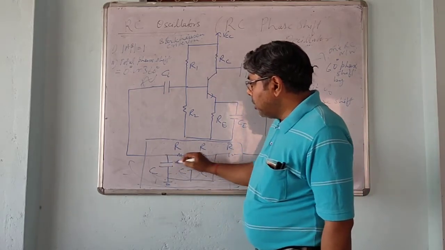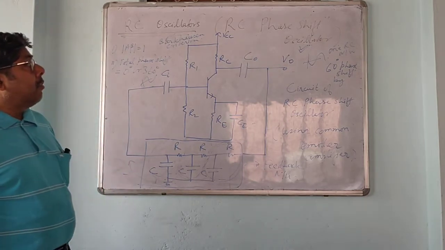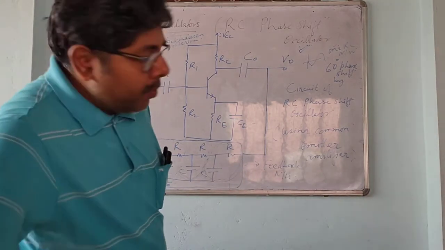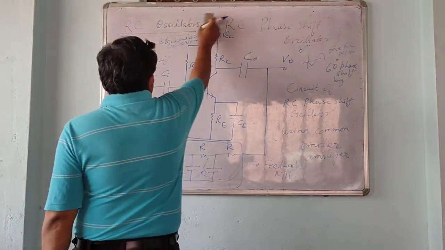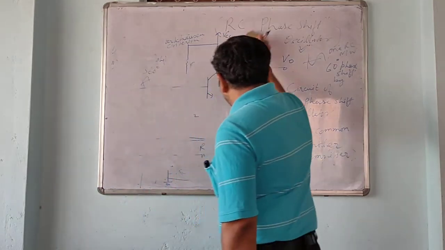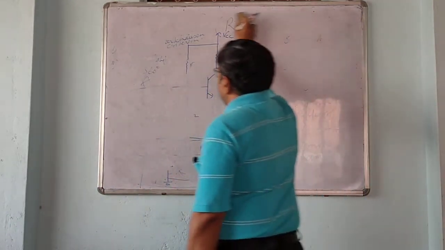So total phase shift provided is 180. So this is the circuit of the RC phase shift oscillator. Another circuit is used with an operational amplifier.